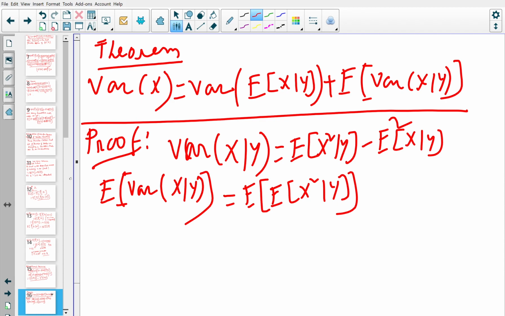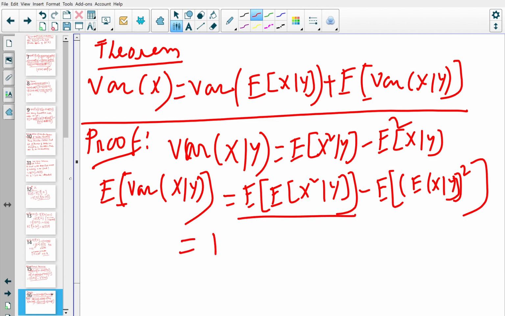And the last term will be expectation of the whole square. So you'll have expectation of x whole square, and then expectation. Okay, clear? And obviously we can find out what this term is.